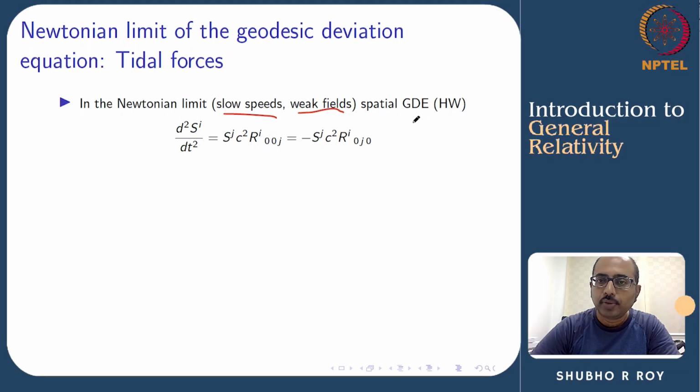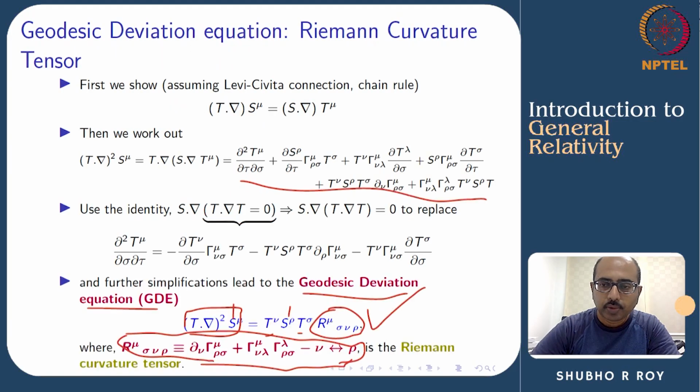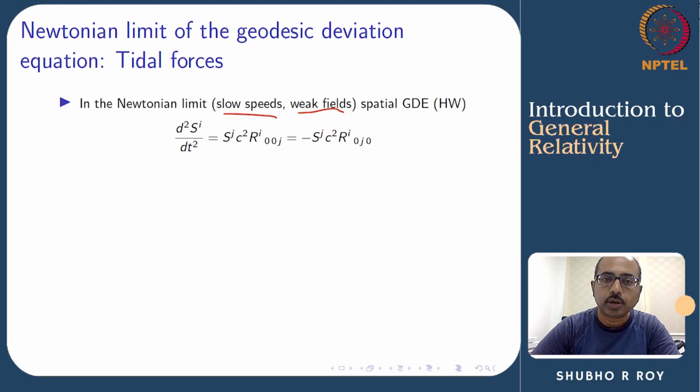Alright, and then in the Newtonian limit, we also look at only the spatial components. This is S mu. So here we have S mu, and we will be only interested in the spatial components. That is what we do in the Newtonian limit, as you have seen in the geodesic equation. Now we do the same exercise for the geodesic deviation equation.